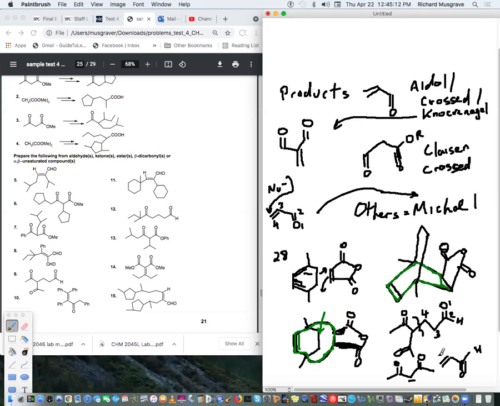And this is the carbon that gets attacked. 4, 3, 2, 1. So how do I know, looking at it, that that's number 4 and not something else from the other side? Because if you look at the pattern for the Michael reaction, that's where the attack always occurs. It's on the carbon next to the alpha carbon, the beta carbon.